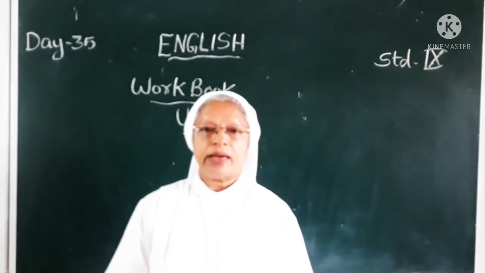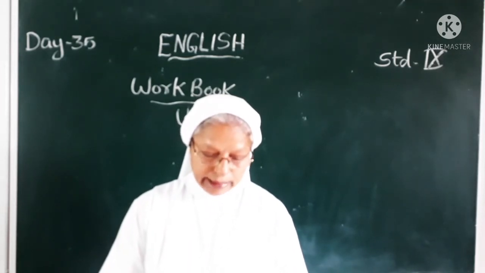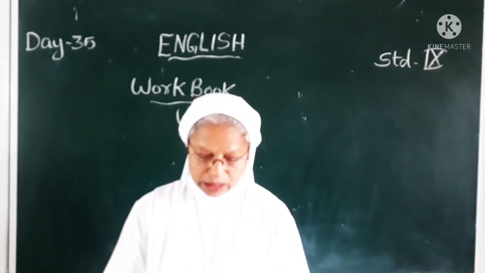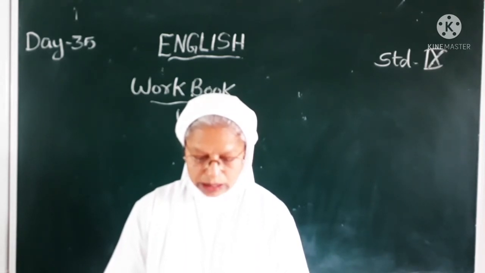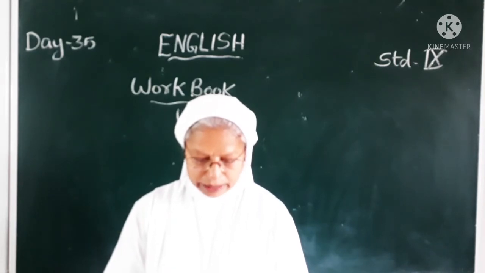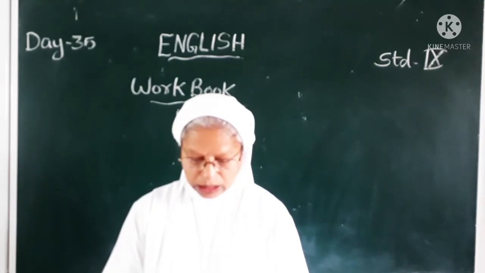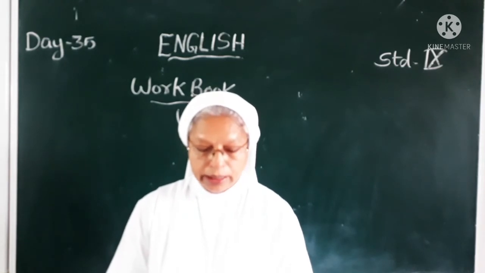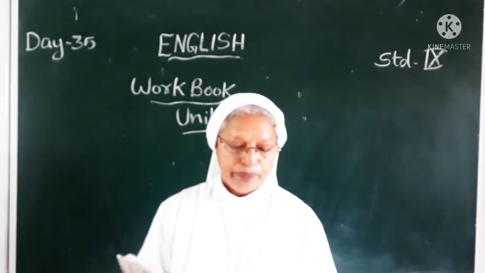Next one, phrasal verb. In the lesson My Childhood, in your textbook Beehive, the phrasal verb break out is used by combining a verb break with a preposition out, denoting the meaning to begin.